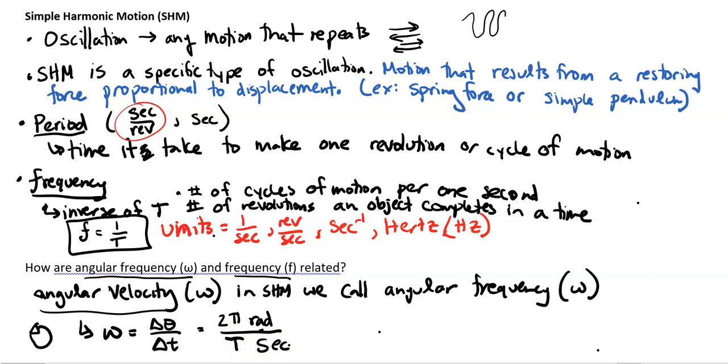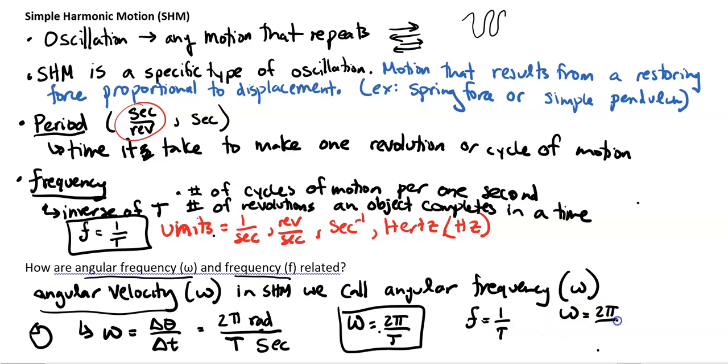So the equation we're frequently going to use this year is omega equals 2 pi over period. So the angular frequency is 2 pi over period. If we wanted to put in frequency, we know frequency is 1 over period. So if omega is 2 pi over T, this is 2 pi times 1 over T, and 1 over T is just frequency, so 2 pi f.